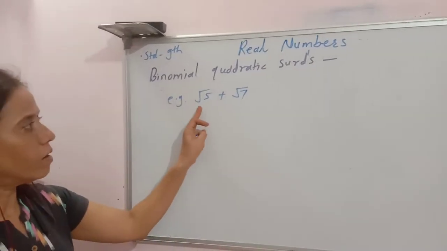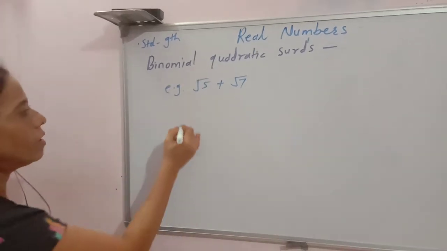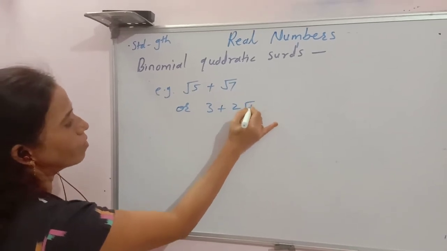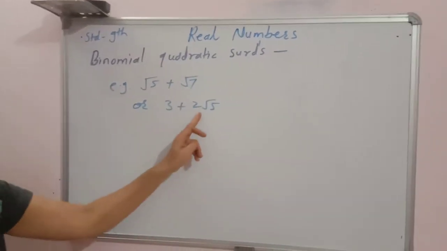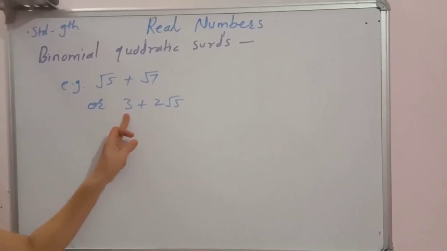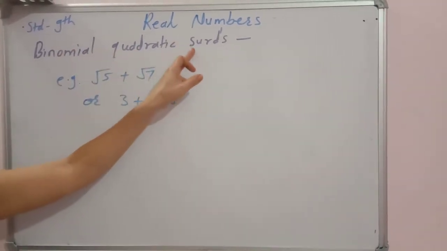Here these are the two quadratic surds. Or another example is 3 plus 2 root 5. Here one term is a surd and the other term is a rational number. So these both are known as binomial quadratic surds.